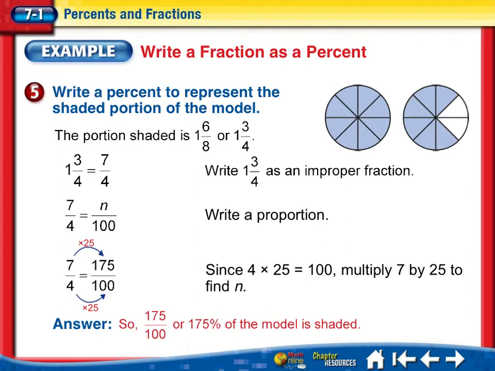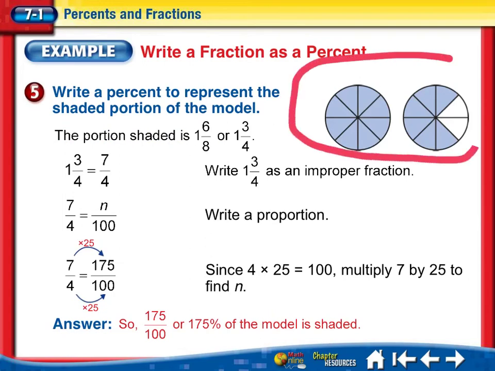Okay, let's look at this example of writing a fraction as a percent. Write a percent to represent the shaded portion of the model. Now I want you to realize that this whole entire picture right here is the model. So we know we have 1, and we have 6 out of 8 of the others. So we've got 1 and 6/8.